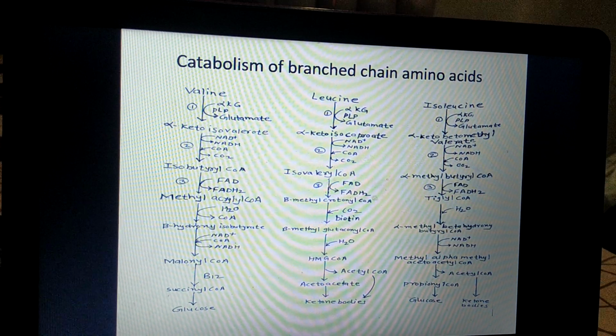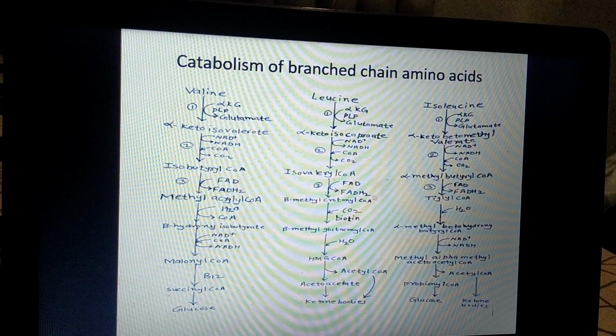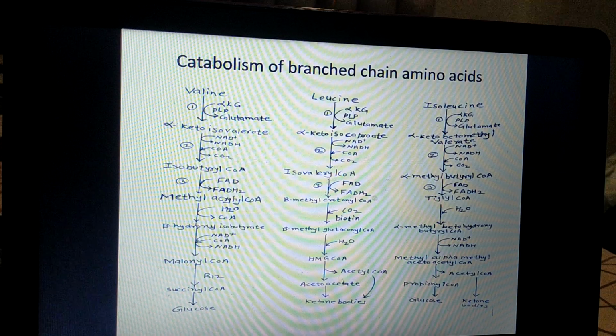So this is the catabolic pathway of all these three branched chain amino acids. The first 3 steps are the same in all these 3 amino acids. If you see, valine is converted into alpha keto isovalerate. Here transamination takes place, the amino group is removed, which is accepted by alpha ketoglutarate to form glutamate.